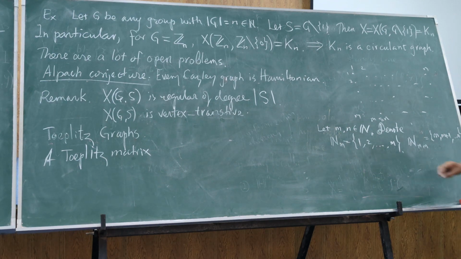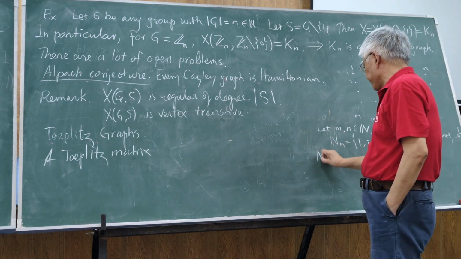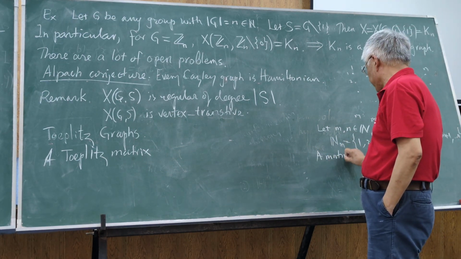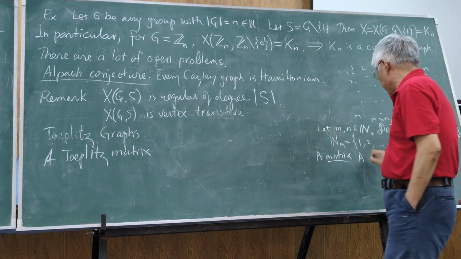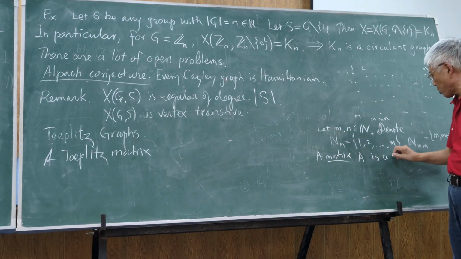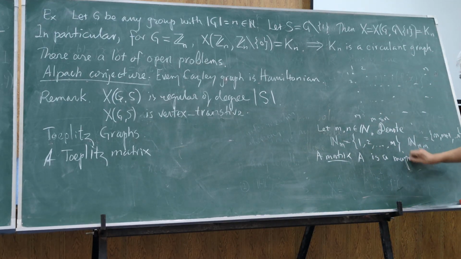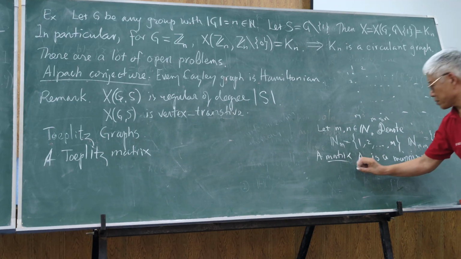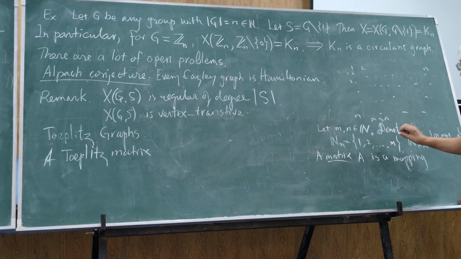What is a matrix then? A matrix A is a mapping, in my opinion. We need to assume that R is a ring. R is a commutative ring with identity element.